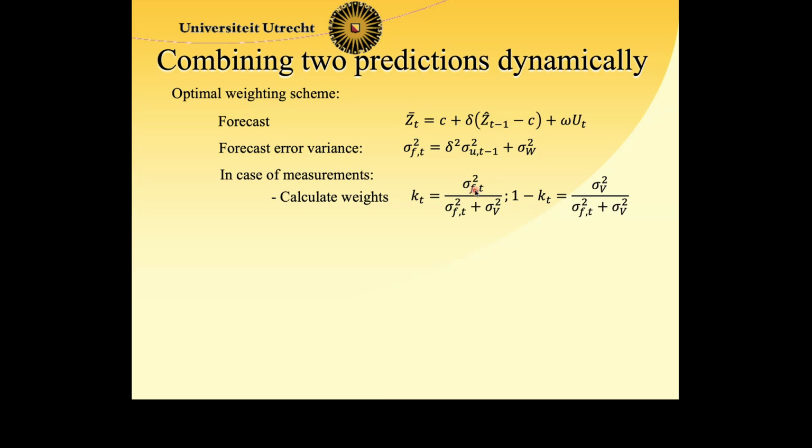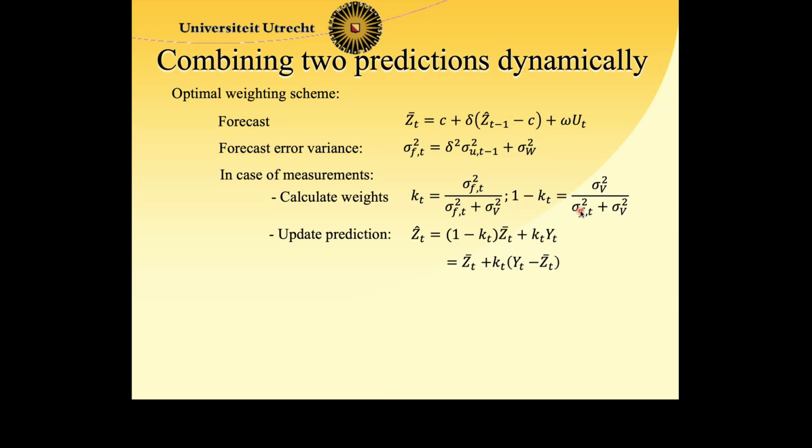That is the variance of the forecast divided by the sum of the variance of the forecast and the measurement, so the sum of the variances of both sources of information. And then, of course, these weights have to add up to 1. So 1 minus this is equal to the variance of V divided by this one.